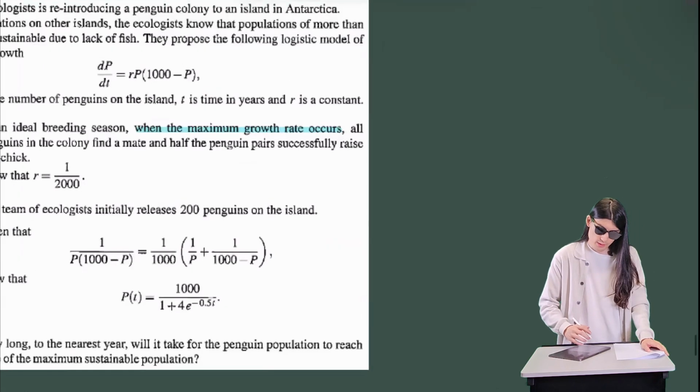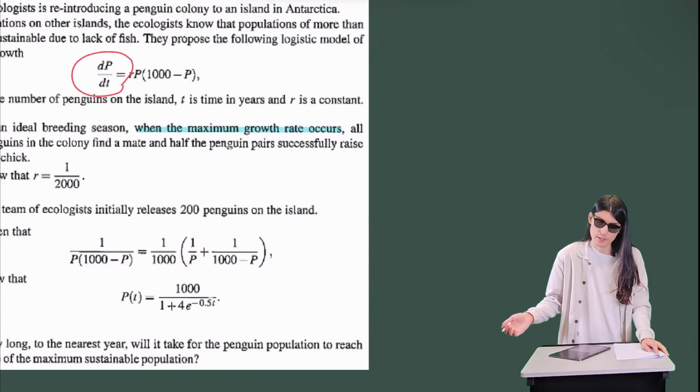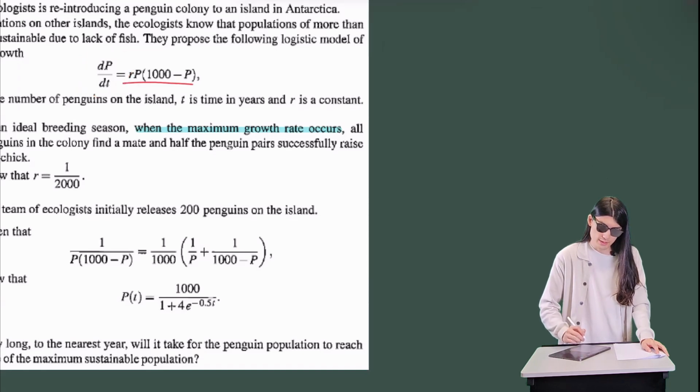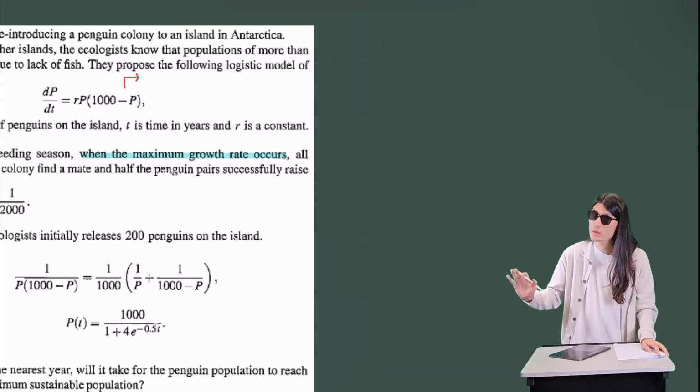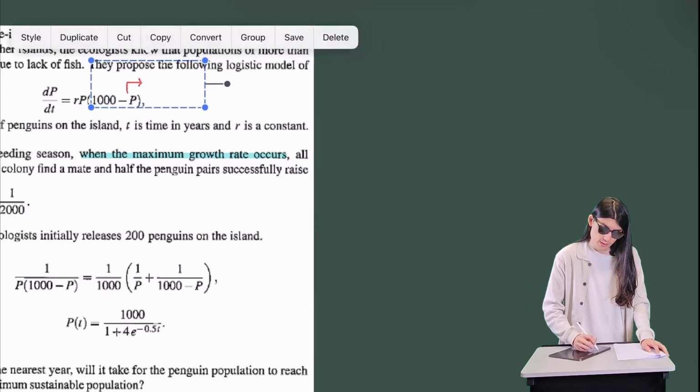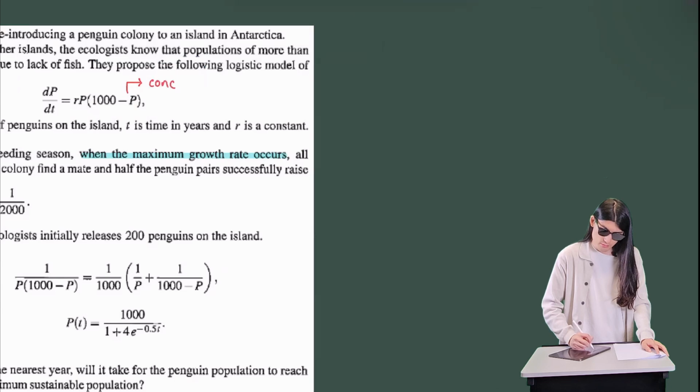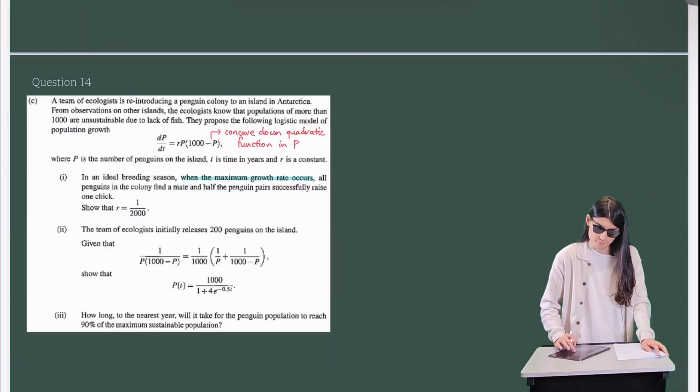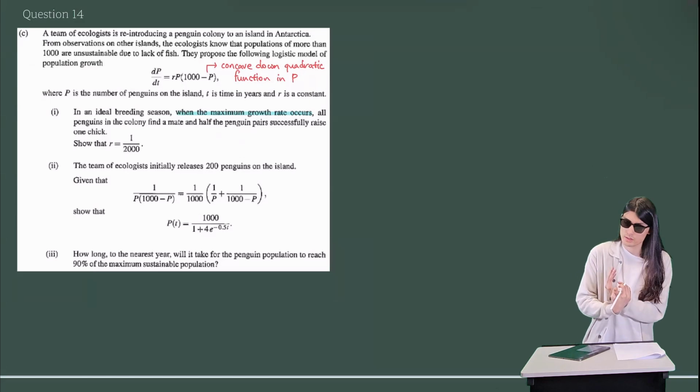Okay, and that is, if you look at the logistic equation, the growth rate dP/dt is always given as a concave down quadratic function in P. Okay, that's a characteristic of all logistic equations, right?